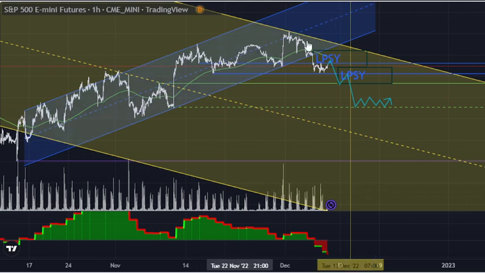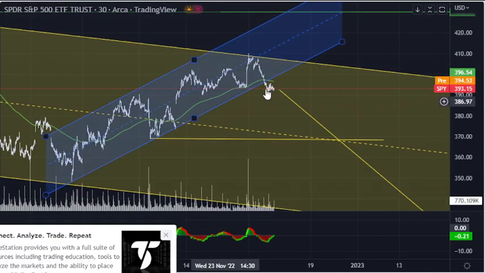We've lost our uptrend. Now you don't get all this information on SPY. I mean, you kind of do.